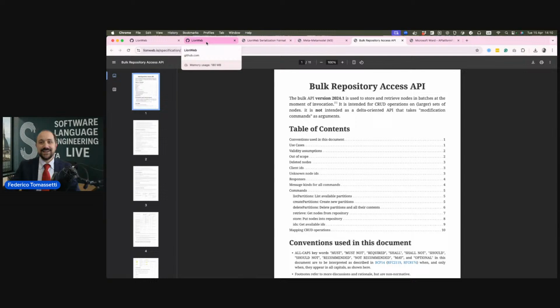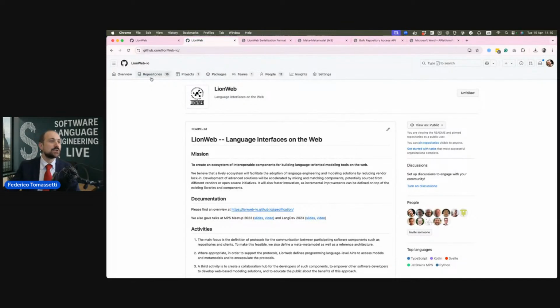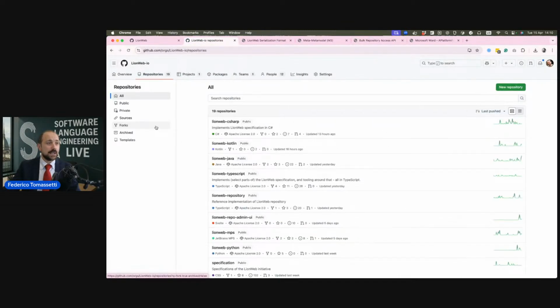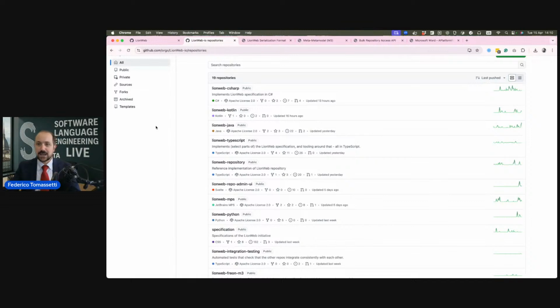I'm mostly playing with the implementation, and on the implementation side, we have a certain number of repositories. So it's not just talking. There is real software running today, with integration, for example, with MPS. So I would say that a lot of work has been done. This is usable as it is, and we at Instrument are using it.